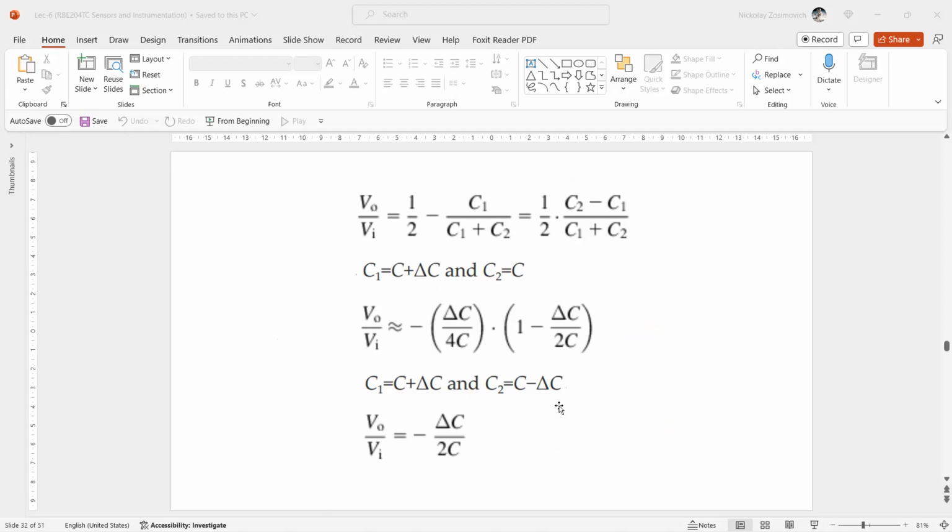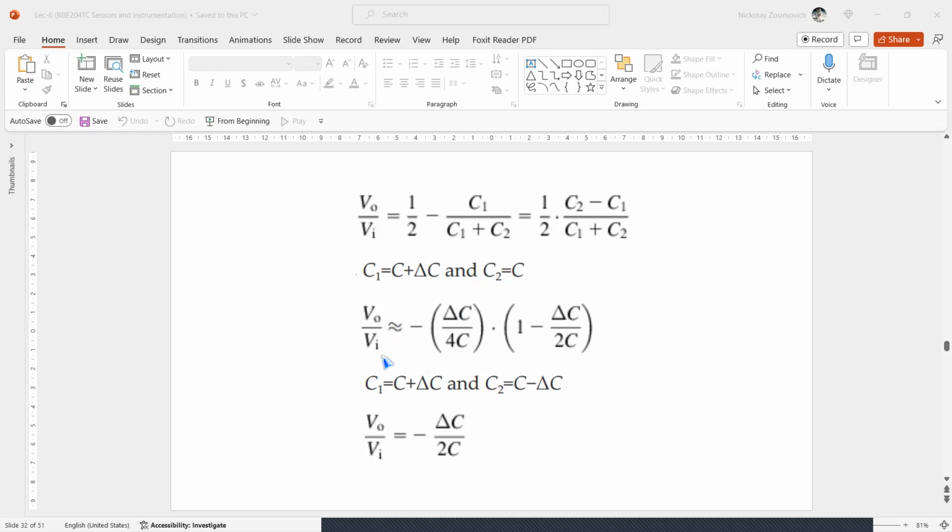The bridge transfer is in the first figure, and you may see it according to this equation. In a single sensor configuration, when C1 equals C plus delta C and C2 equals C, you get the second equation for V0 over Vi, with a negative sign before it.